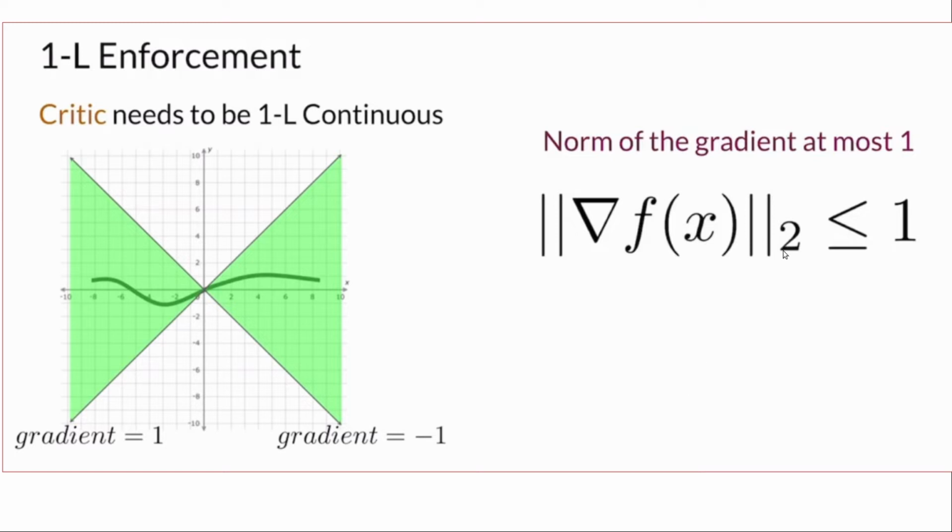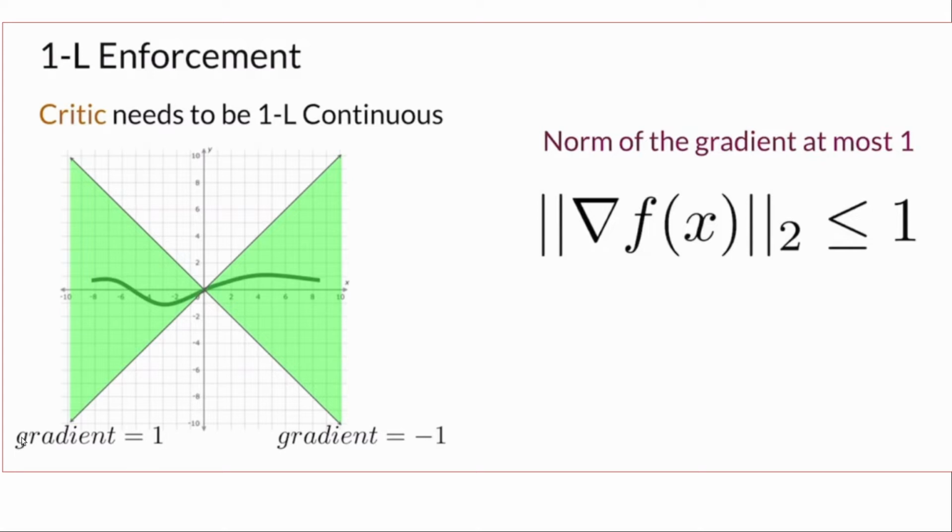We use the L2 norm here, because the L2 norm is very common, which just means that it's a Euclidean distance that we are interested in. So intuitively, in two dimensions, the slope is less than or equal to 1 at every single point of this function. It will remain within these green triangles, and only then will this function be called 1-Lipschitz continuous.